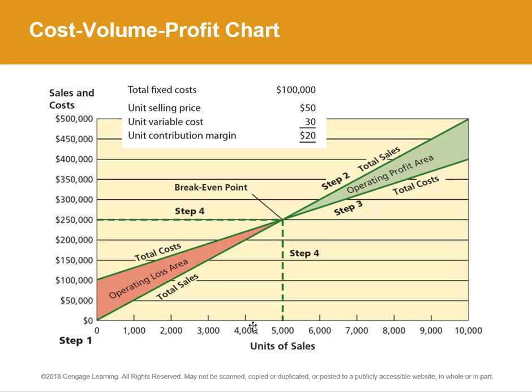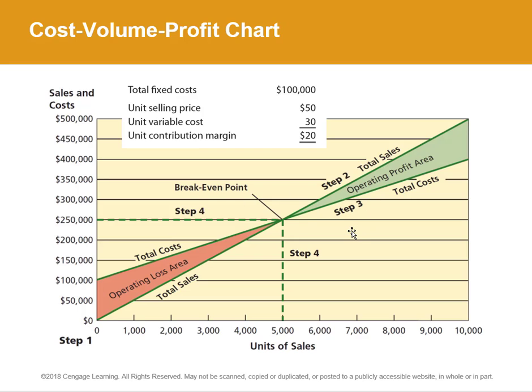Now, what's neat about this is at the point where the total cost and the total sales line intersect, that's your break-even point. Somebody could really see that. That would be easy to see, and you can even imagine if your costs went up, that intersection would go out further.